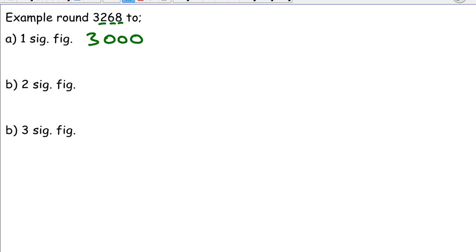Remember, 3 represents thousands here, so 3000. Two significant figures, that means you stop at 2, look at the next number, which is 6. So add one more, we'll end up with 3300. Next one, we have 3 significant figures. That means you stop at 6, look at the next number, which is 8, add one more, so 3270.